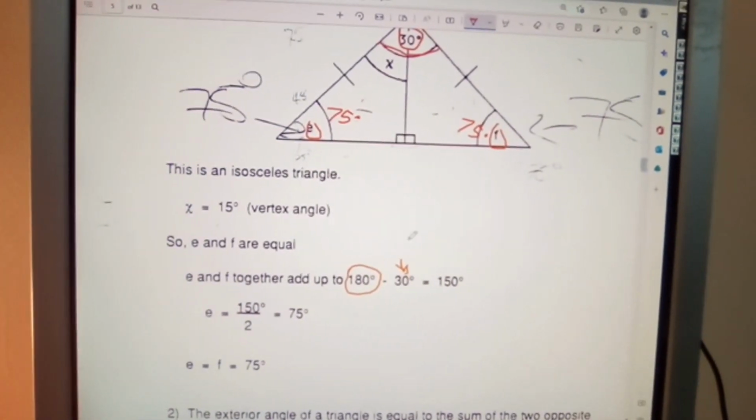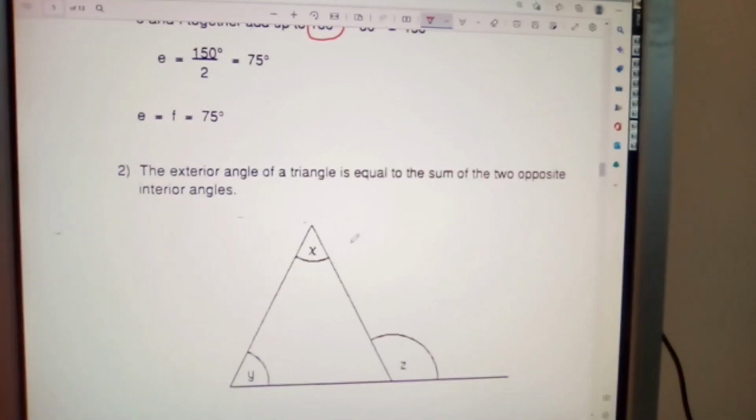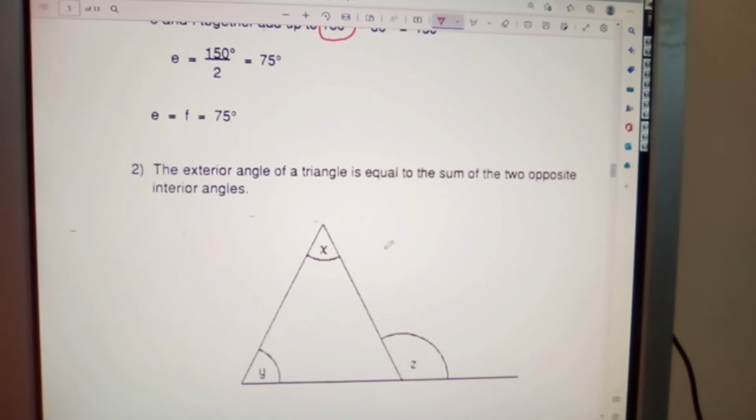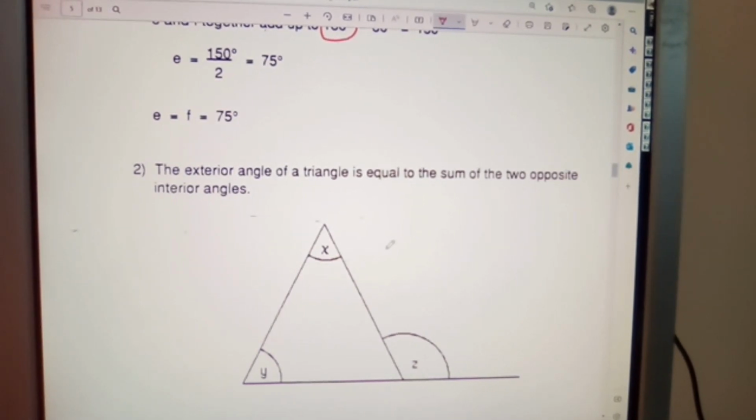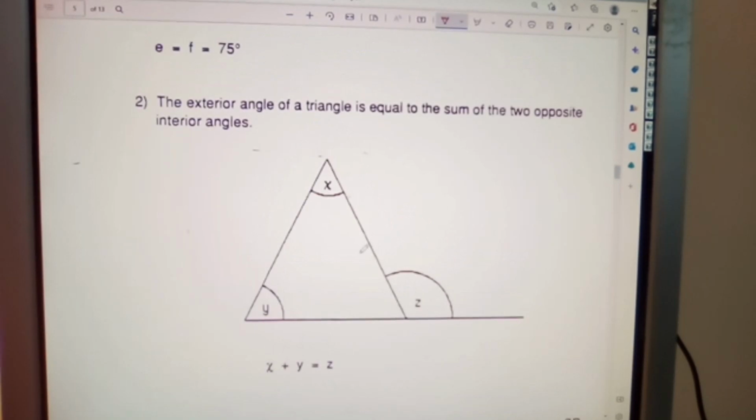The exterior angle of a triangle is equal to the sum of the two opposite interior angles. So here we are saying that x plus y equals z.